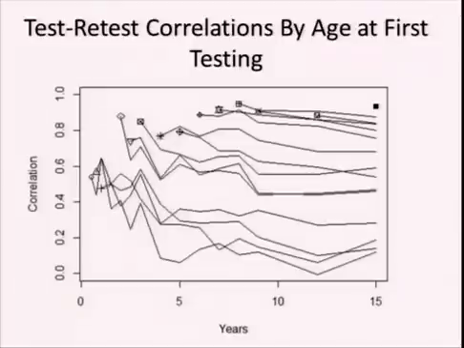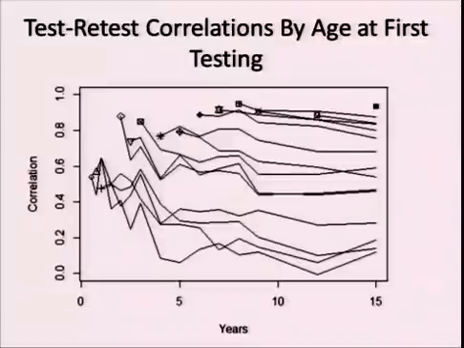I won't take a lot of time with this. This graph shows the correlation between time points separately for each beginning time point. So if we start with that circle right there, the line that follows from that is the correlation of ability at 3 months with ability at all the subsequent time points out to 15 years.